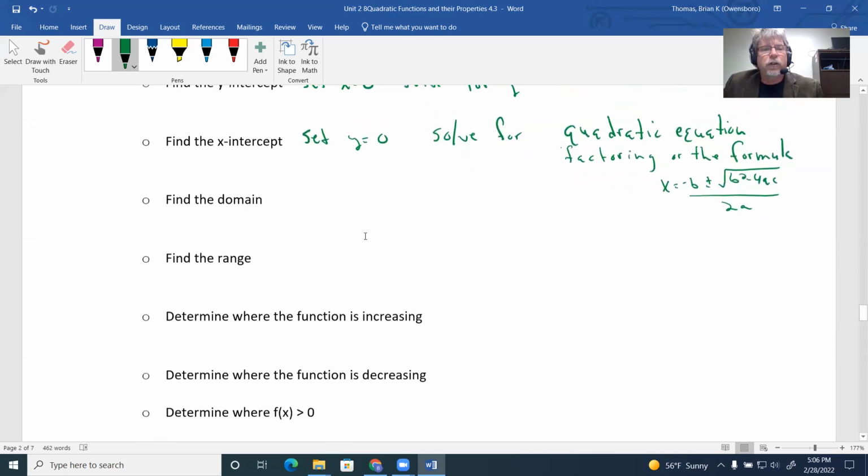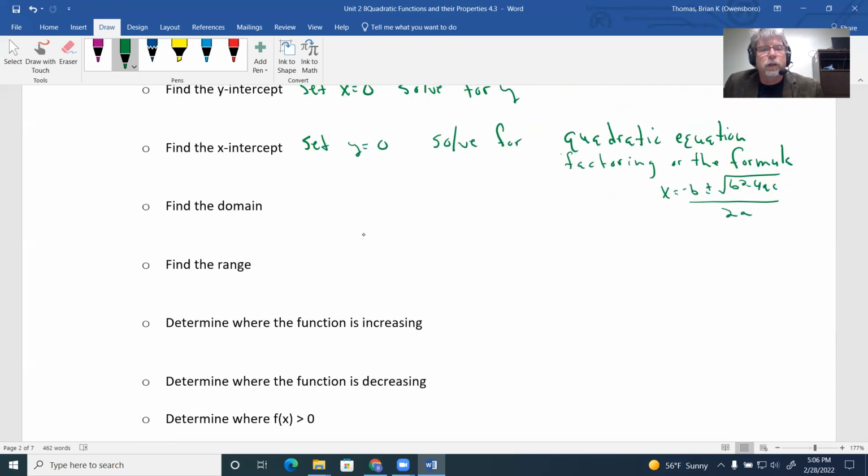The domain, for the most part, for these functions will basically be negative infinity to infinity, because there aren't any domain restrictions in a quadratic function.